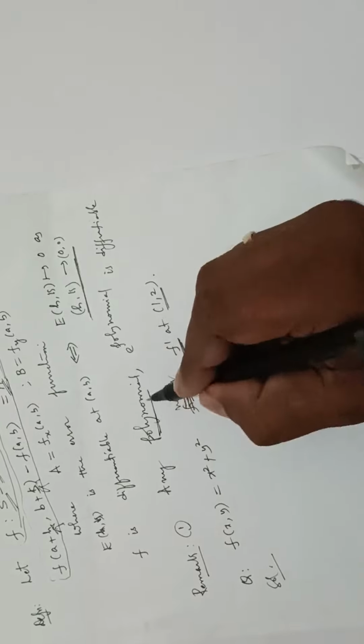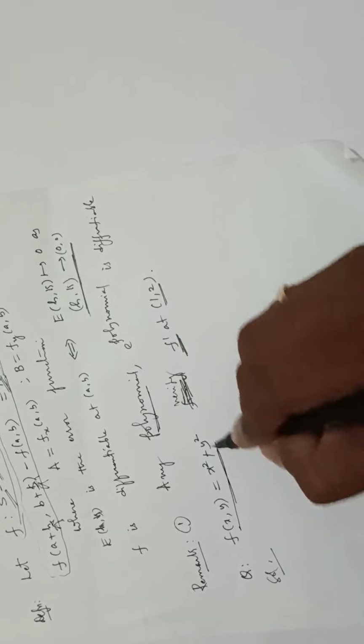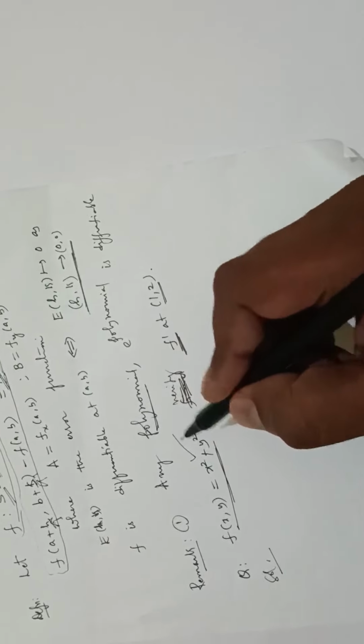See, I have mentioned one remark here. Any polynomial, in the sense, if you have x square plus y square or else x cube plus y cube, some f of x comma y that is a polynomial, then the function is differentiable. So here it's a polynomial, so this function is differentiable. In fact, let us try to show it by using this definition of the error function.